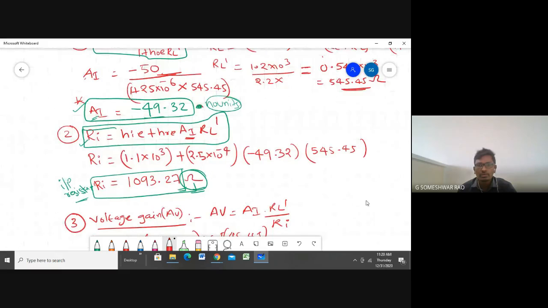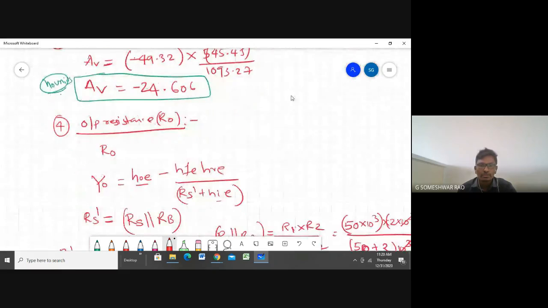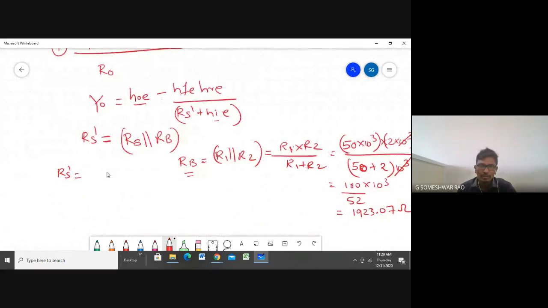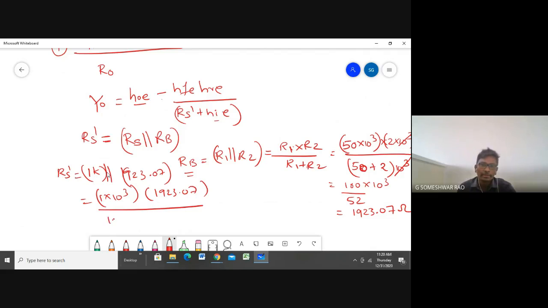Okay, so 1 kilo ohm parallel to RB 1923.07. That means 1 into 10 power 3 into 1923.07 divided by 1000 plus 1923.07.